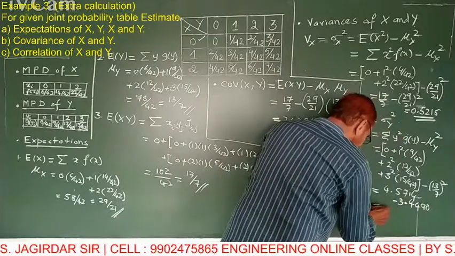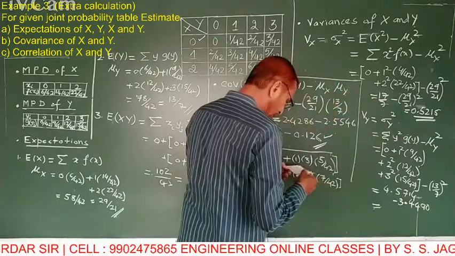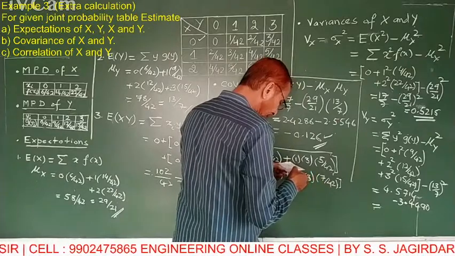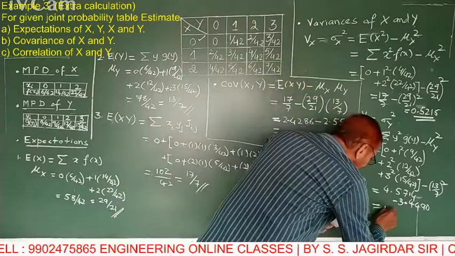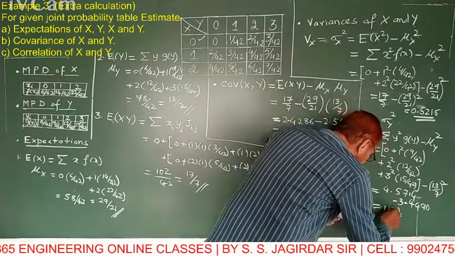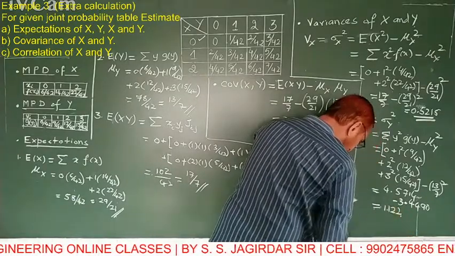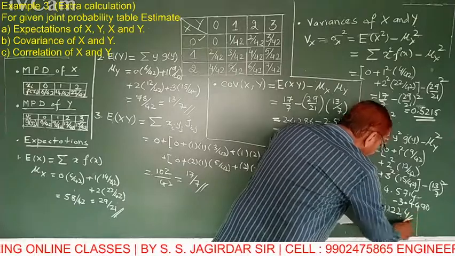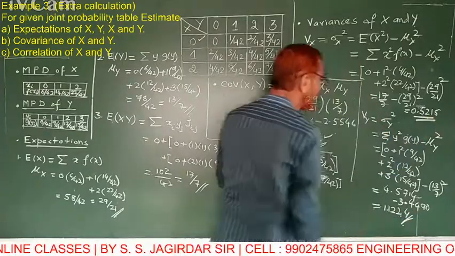Finally, when you subtract it, you will get 1.1224. So this is the variance of y, and this is the variance of x.